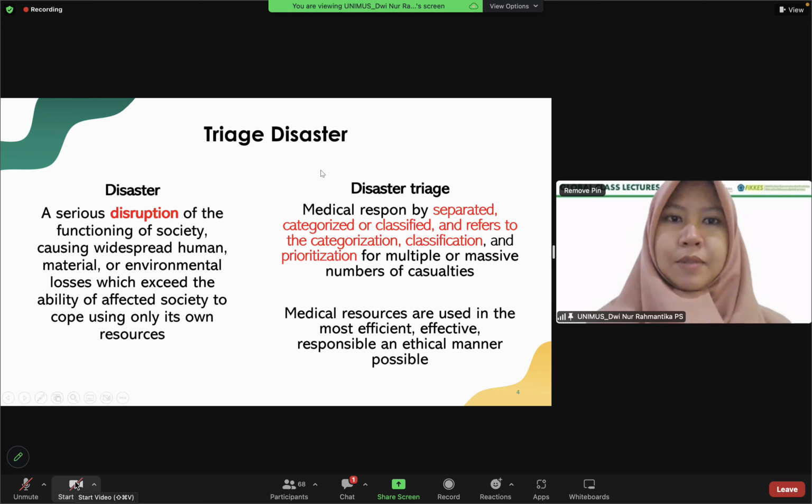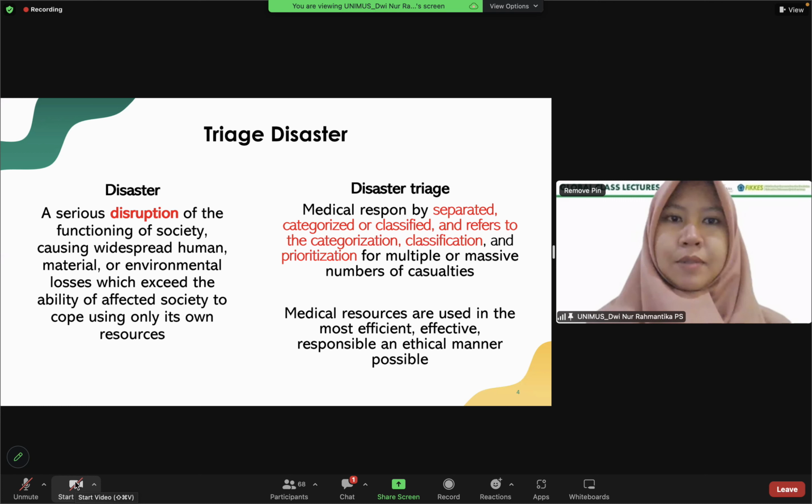So the definition of disaster triage is how the medical team responds to the situation by separating, categorizing, or classifying a massive number of casualties because they have limited resources.